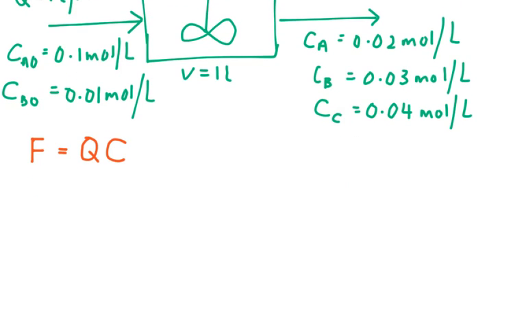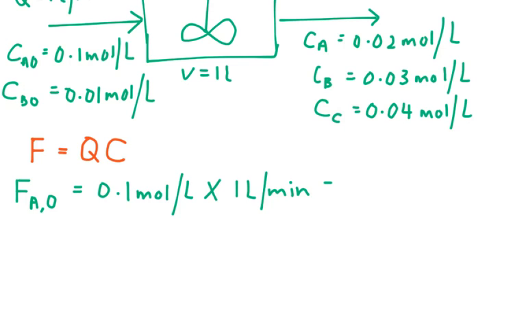If you want to find the molar flow rate of A in the initial condition, all you need to do is to take the concentration in the initial condition multiplied by the volumetric flow rate, in this case 1 liter per minute, and then you will get an answer of 0.1 moles per minute for the molar flow rate of your initial concentration A.